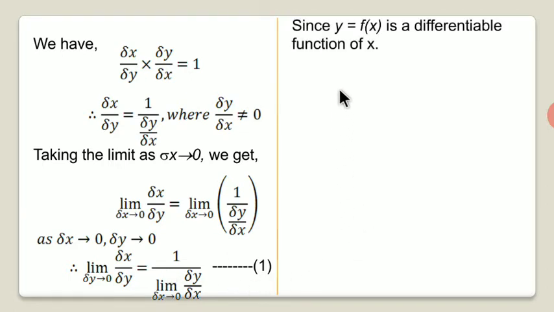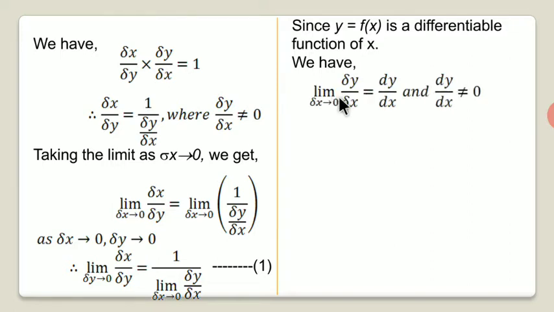Now since y is equal to f of x is a differentiable function of x, its derivative exists, and it is limit delta x tends to 0, delta y upon delta x is equal to dy by dx, and this dy by dx is non-zero.